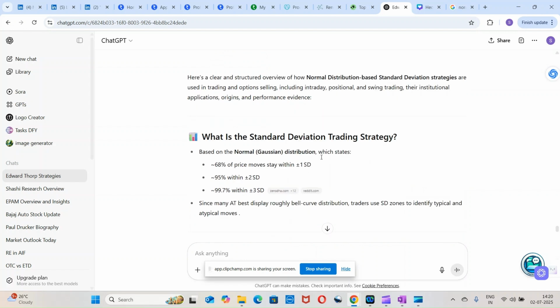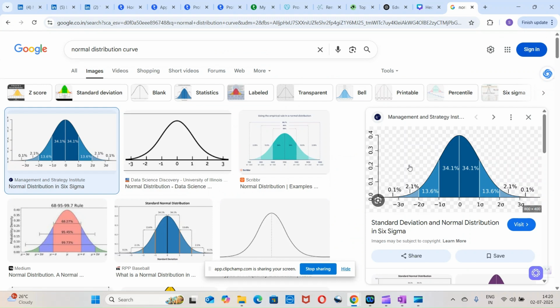Okay, so normal distribution. This is a normal distribution. What this says is, this is a phenomenon that occurs in the entire universe. When you throw random things, within that randomness there is a structure or a pattern.